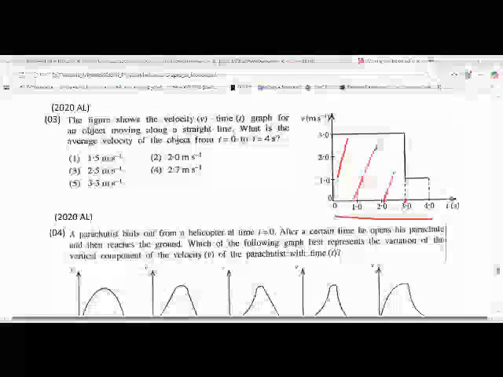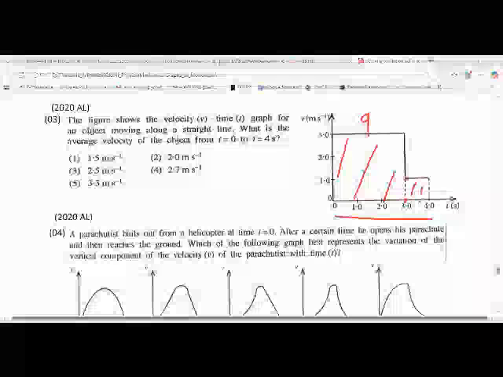You have to find areas. This whole area. What is the area of this large figure? It's a square, 3 times 3, 9. Displacement is 9. The small one is also a square. Don't consider the shapes, always pay attention to the values.